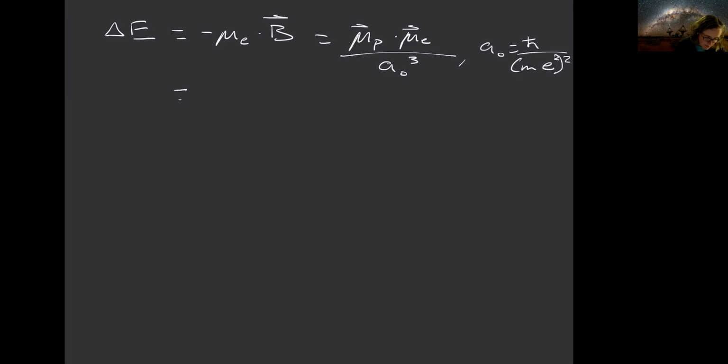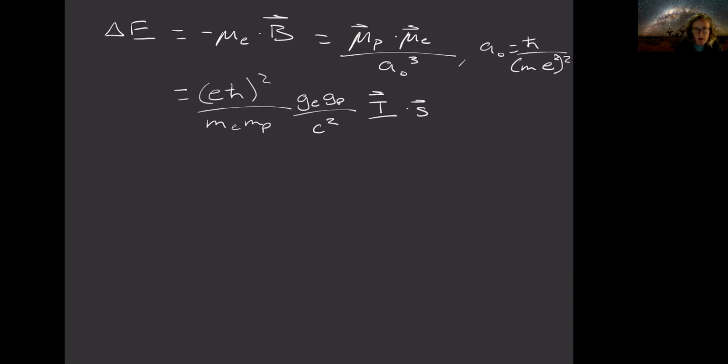So we can write that out as e h bar squared over the mass of the electron times the mass of the proton times the Landé g factors over c squared. And it's the spin of the proton, which is I, times the spin of the electron, which is S, or dotted with S, I should say, over a naught cubed.